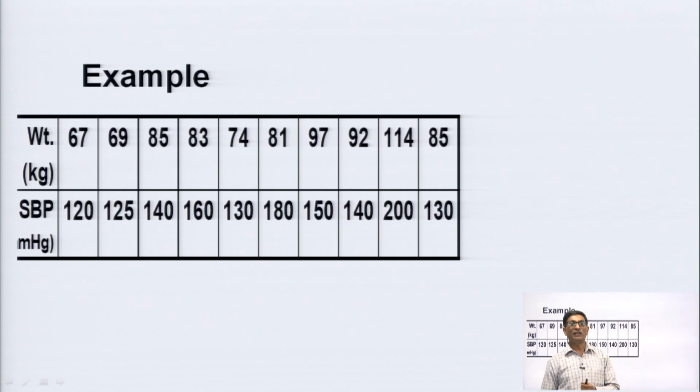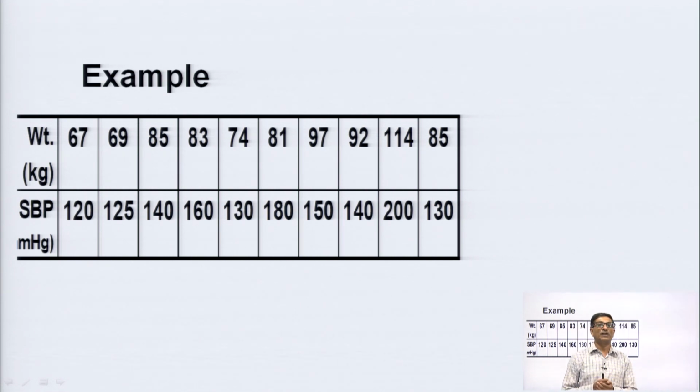I explain it with the help of this example. For example, we have weight and systolic blood pressure. As we know, for a person, systolic blood pressure and weight are two quantitative variables, and in this example we measure the weight and blood pressure of some people.